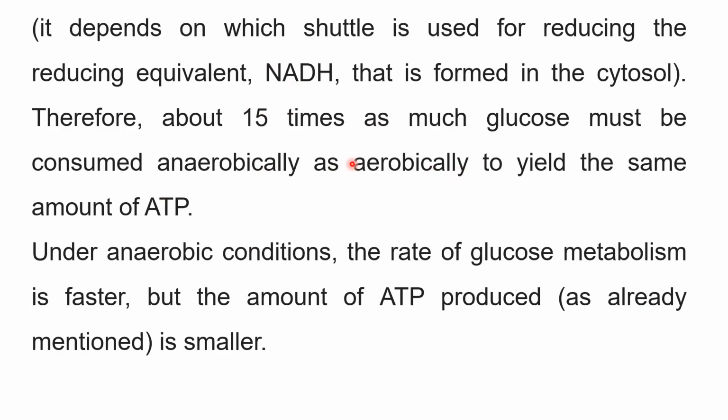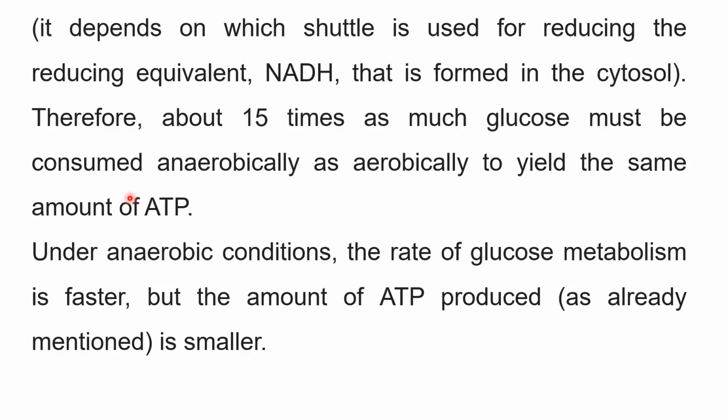So in order to go for glucose metabolism, 15 times more glucose is required to be consumed anaerobically, because in the aerobic pathway you get 31 ATP molecules. But if it is undergoing an anaerobic pathway, then it is synthesizing only 2 ATP molecules.